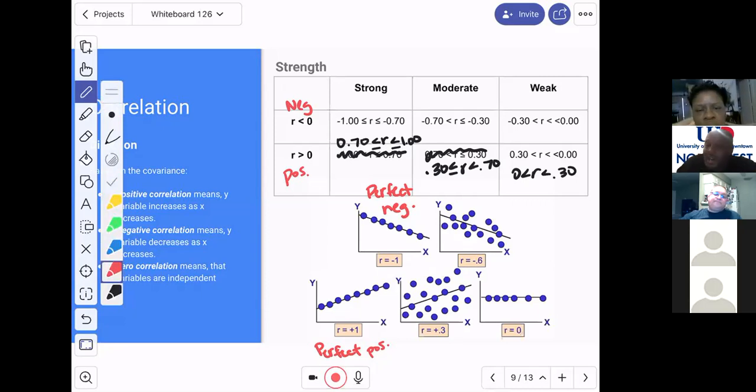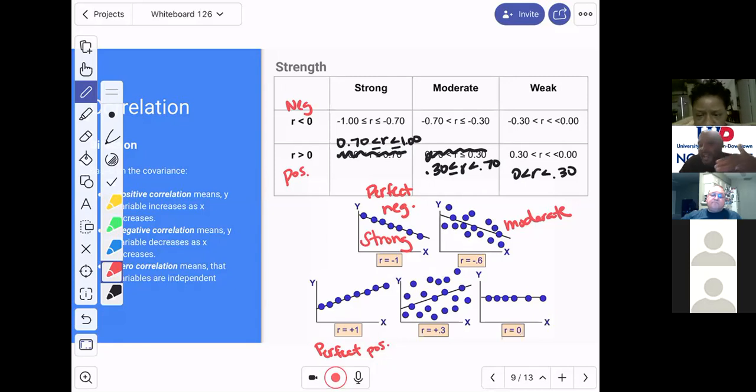So if we look at these different things right here, we know the directions of most of these because the direction is just the sign of R. Everybody got that? So the top two are both negative. This one will be considered strong. This one is considered moderate. The closer you are to a line, the stronger the relationship, by the way. And the closer you are to a line, the closer it is to -1 or +1, depending on the slope of the line.